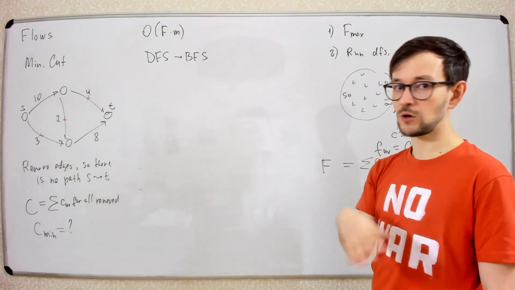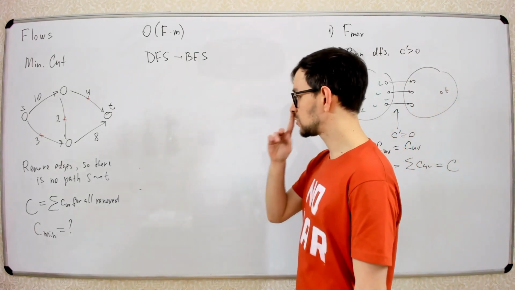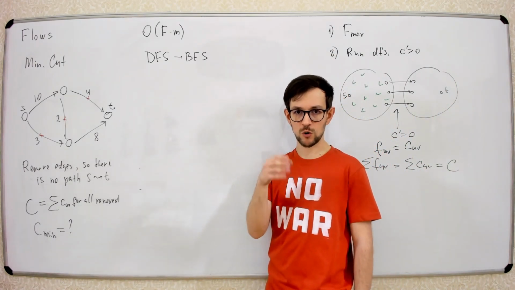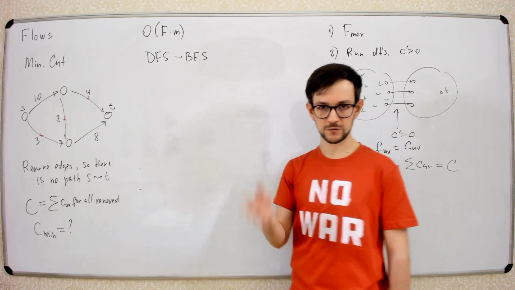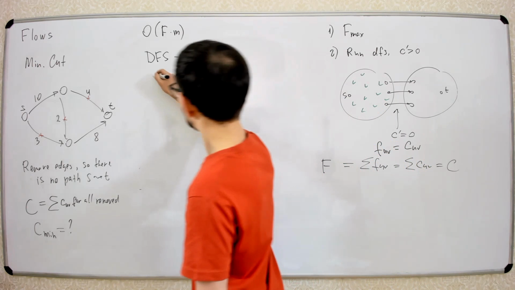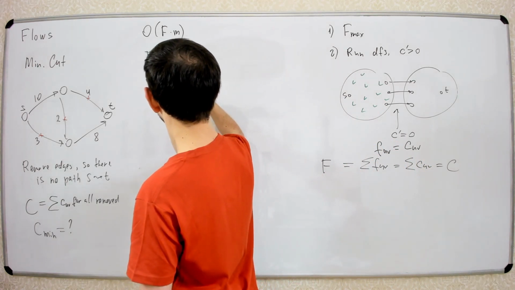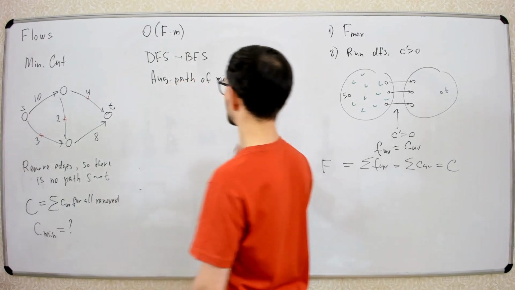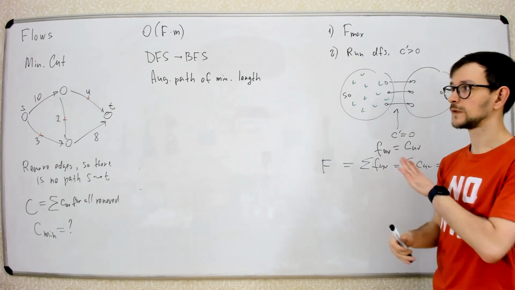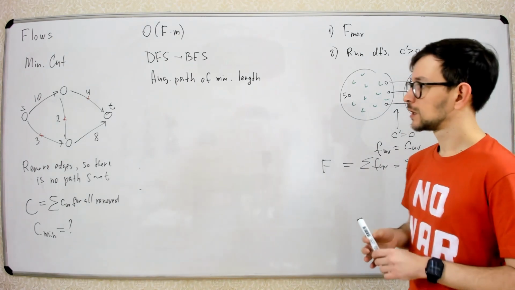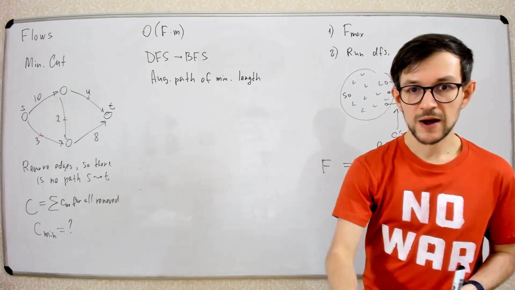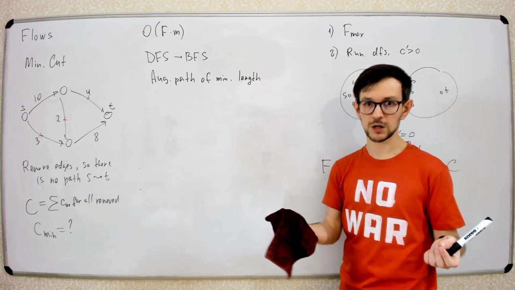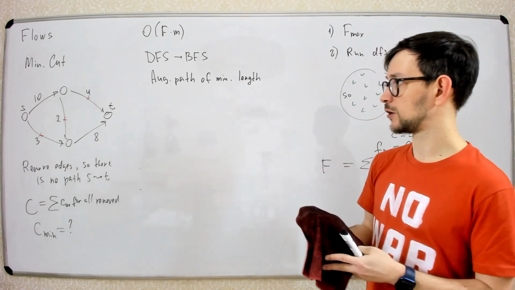We do all the same thing, but we don't find just any path from S to T. When we try to find an augmenting path, we always find the augmenting path of the minimal length. That's all. And now I claim that if on each step we find not any path, but the shortest possible path, then the time complexity will be polynomial.